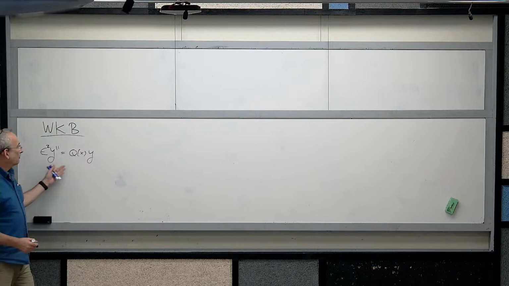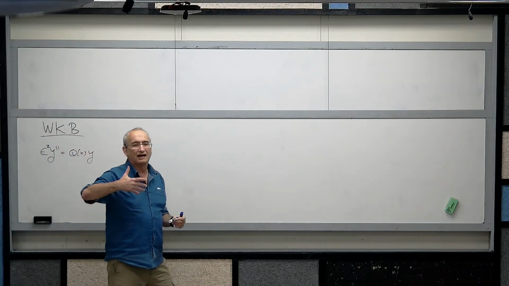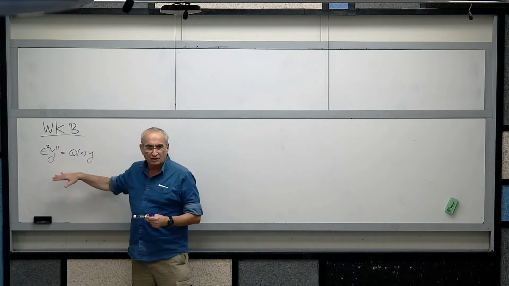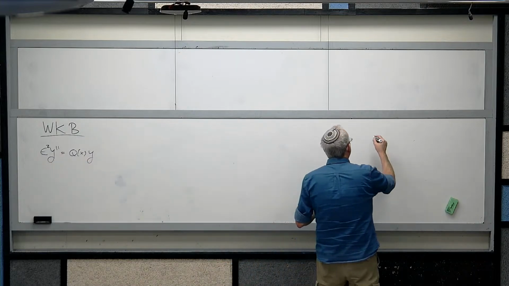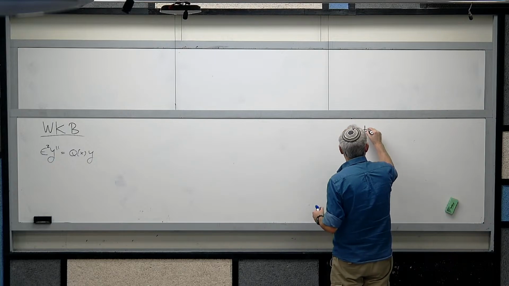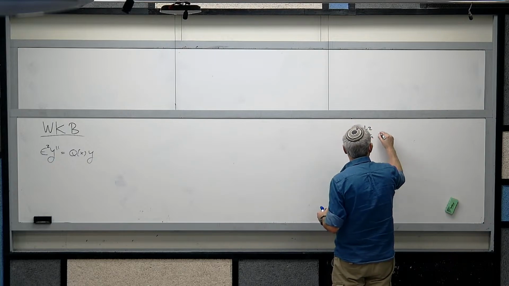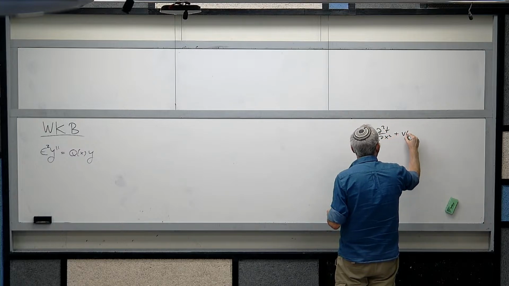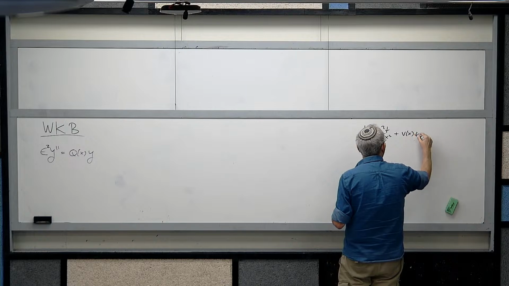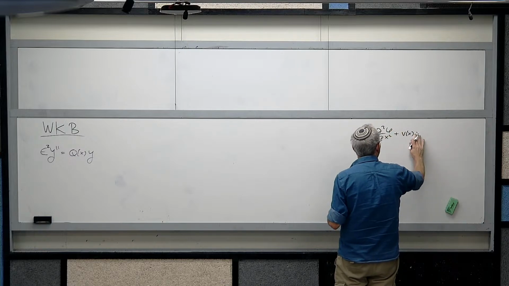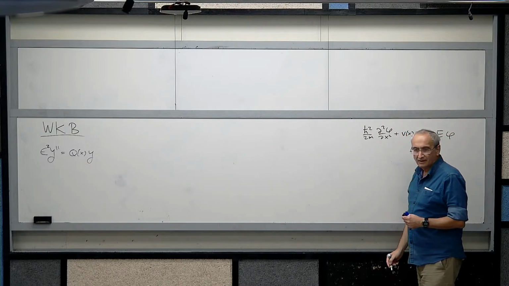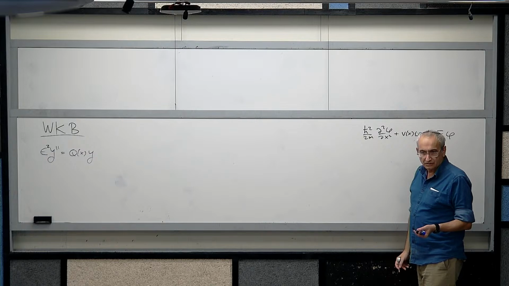So how to analyze this? What is the classical scenario in which we are required to analyze such an equation? The time-independent Schrödinger equation is of the form h bar squared over 2m d2 psi dx squared plus v of x psi, or let's call it phi, plus v of x phi is e phi, with certain boundary conditions.